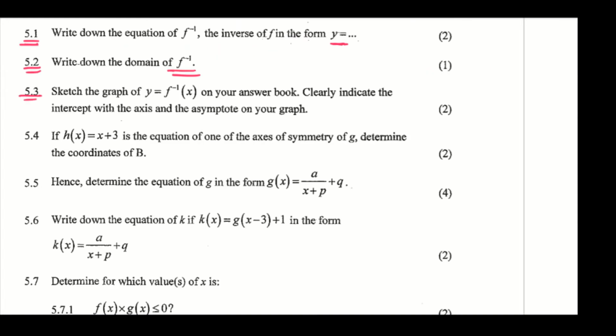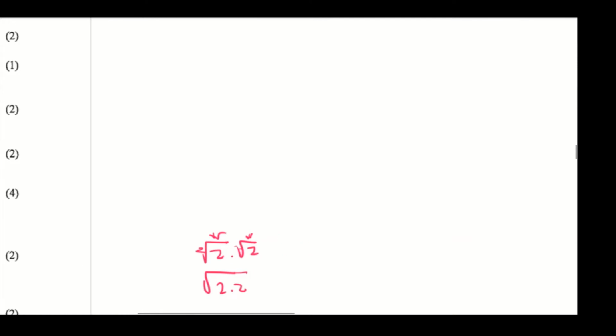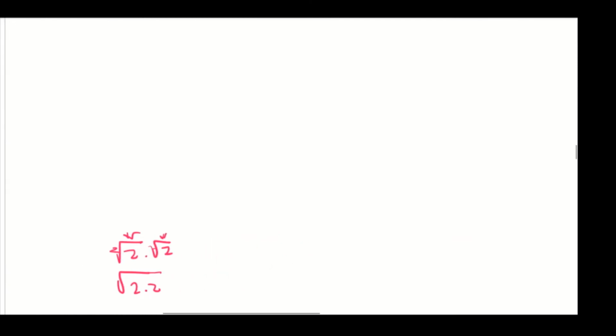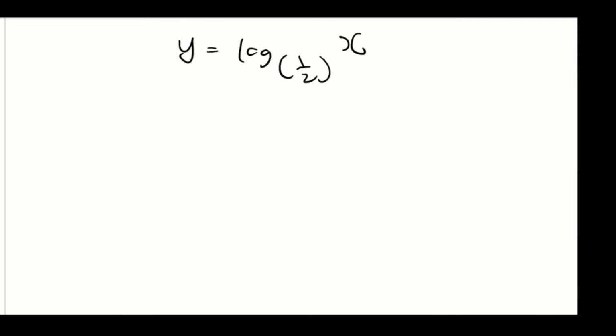Now in 5.3, we are asked to sketch the inverse of f, indicating all axes and asymptotes. Remember that our inverse is y equals log base 1/2 of x. We first have to find our x-intercept, when y is equal to 0.